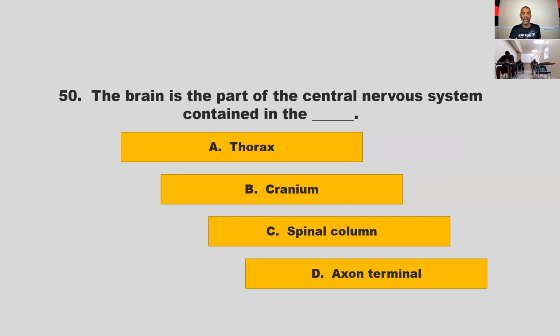The brain is the part of the central nervous system contained in the, what is the brain contained in?